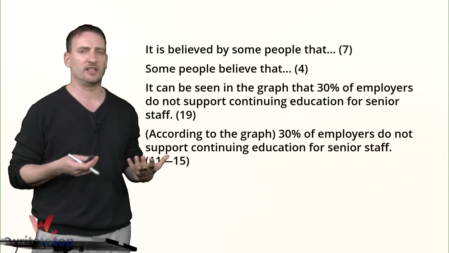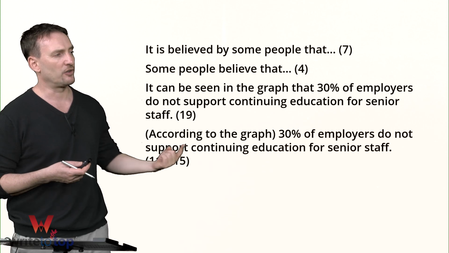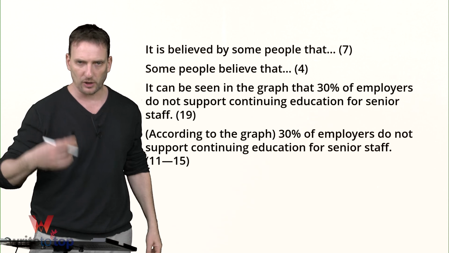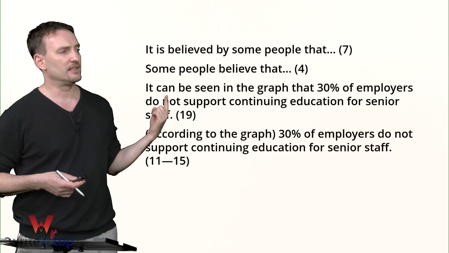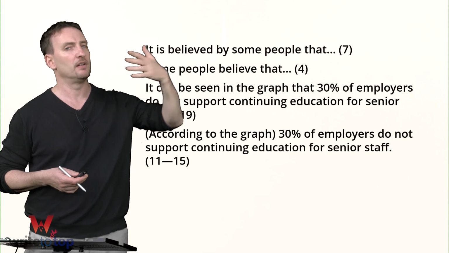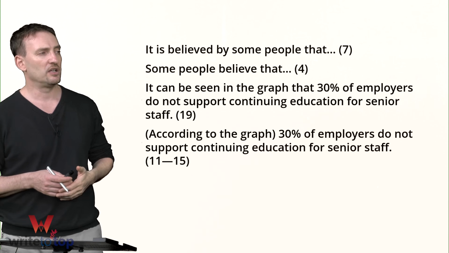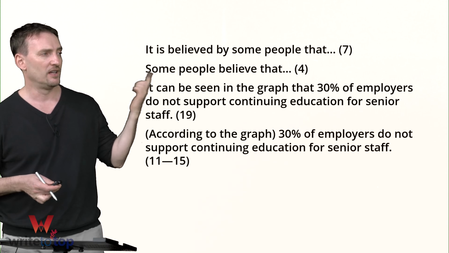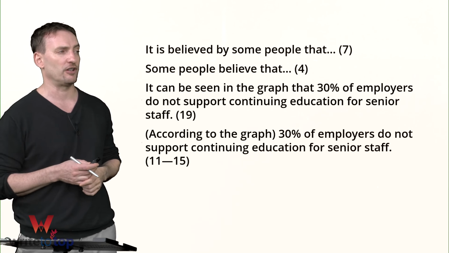If you really feel you need to introduce the graph, "according to the graph." Just say that and then just get to your actual point quickly. This looks like it's just trying to build the word count to get to your minimum. It's not going to work. The graders know what you're doing. You're going to actually lose points, not gain points for these passive structures.